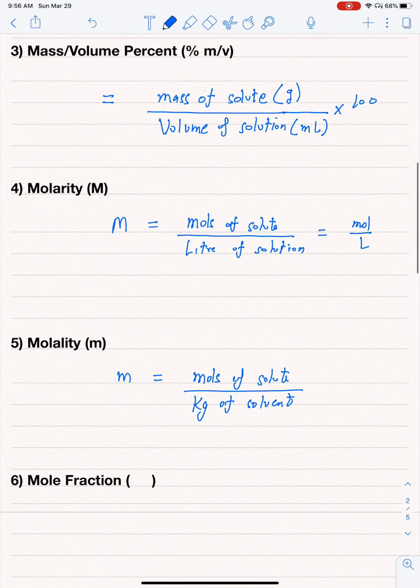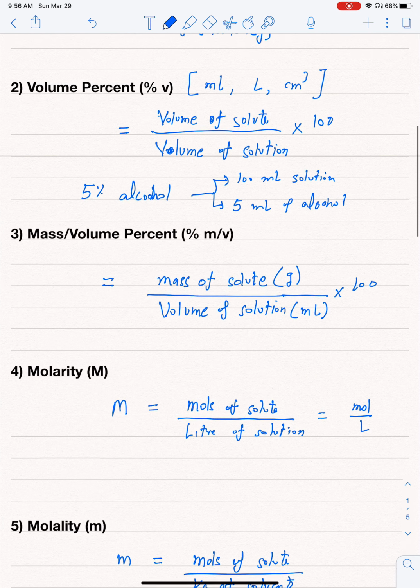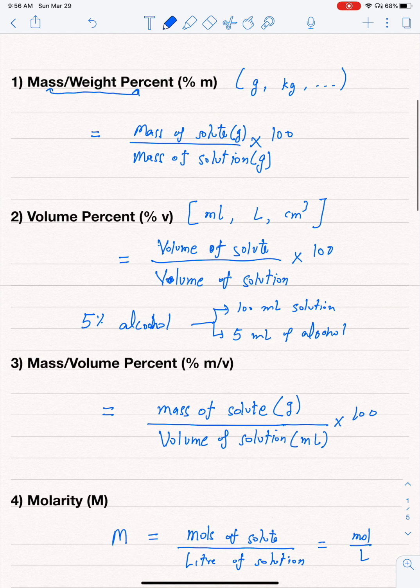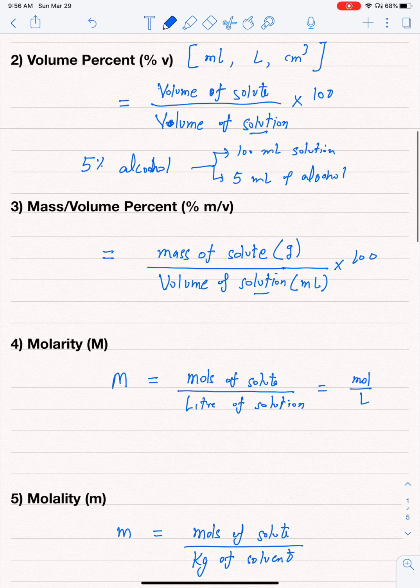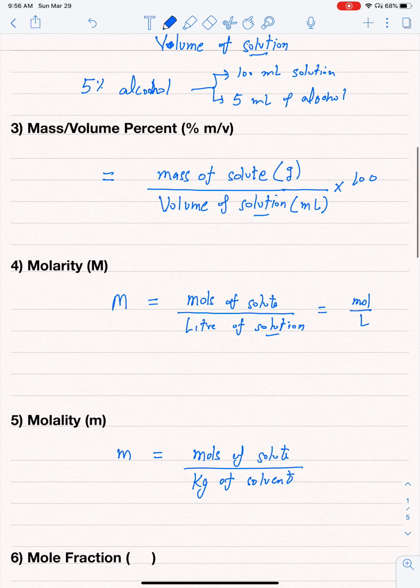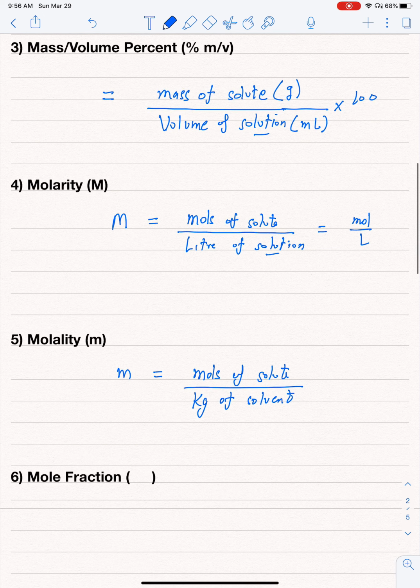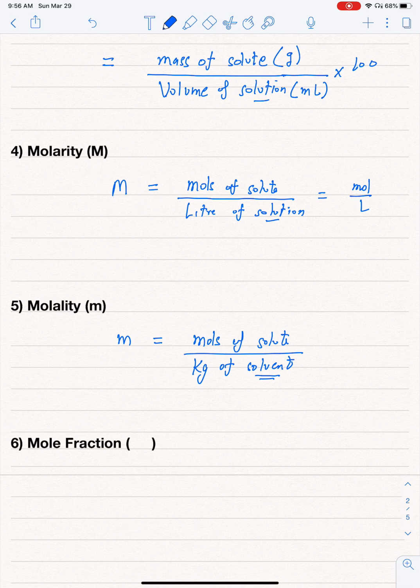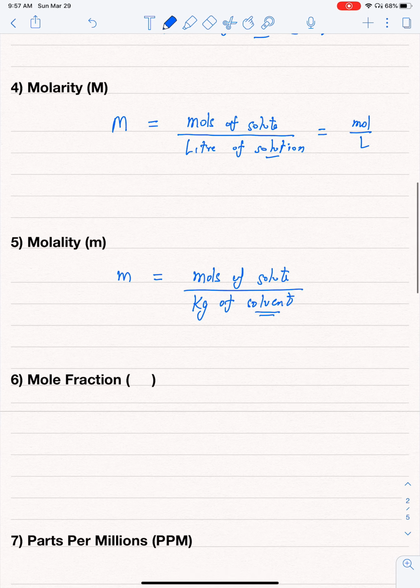So far, all the concentrations we have been talking about were measured in terms of the solution. In the denominator, you always had the solution, whether it was the mass or the volume or the liters, but molality is the only way of measuring concentration where you actually focus on the solvent. You don't focus on the solution, so keep that in mind. And that solvent is going to be measured in kilograms, not in terms of volume.